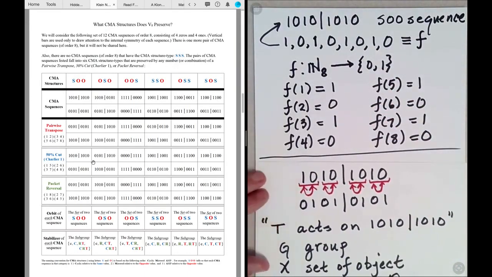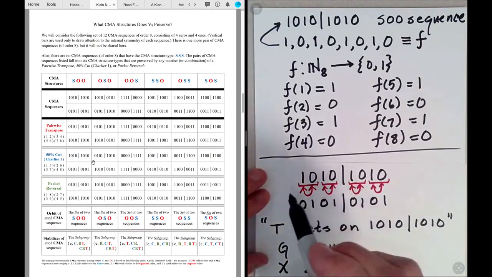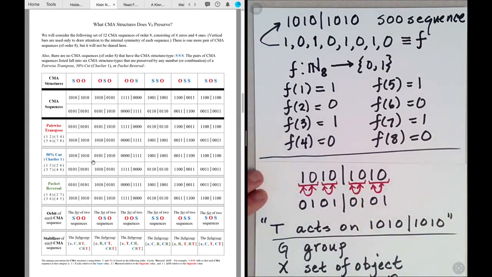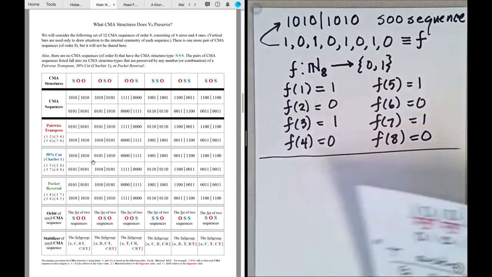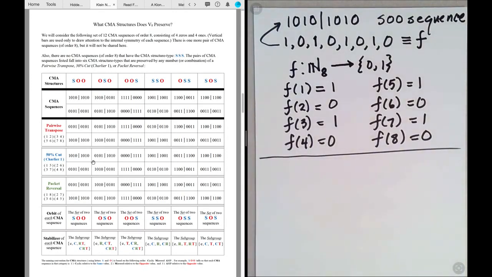Well, how do we have our shuffle, namely our pairwise transpose, act on this function? Okay, well, we'll have to recall what the pairwise transpose does. So it's over here on our chart.